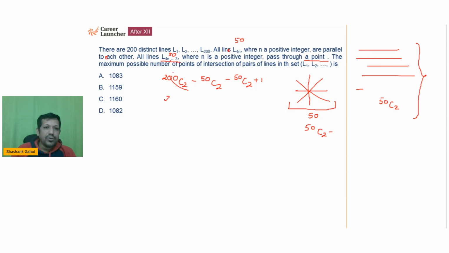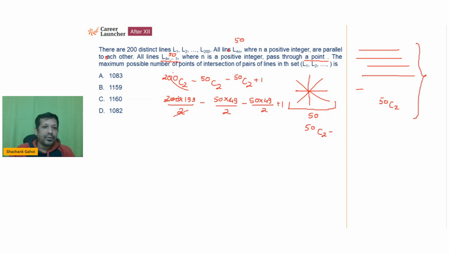So 200 C2 comes out to be 200 into 199 divided by 2. 50 C2 comes out to be 50 into 49 divided by 2, and 50 C2 again is 50 into 49 divided by 2, plus 1. So this is the maximum number of intersection points that should have happened.